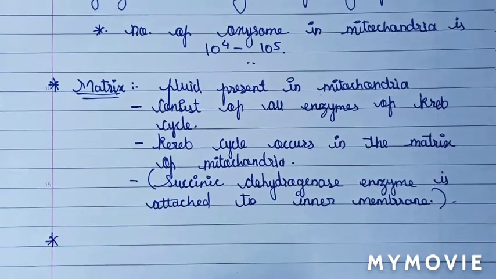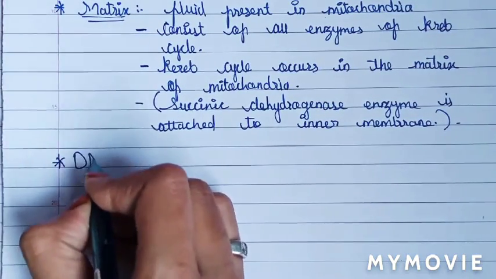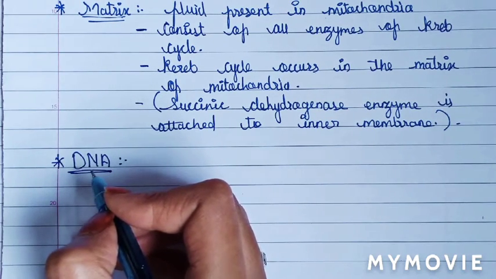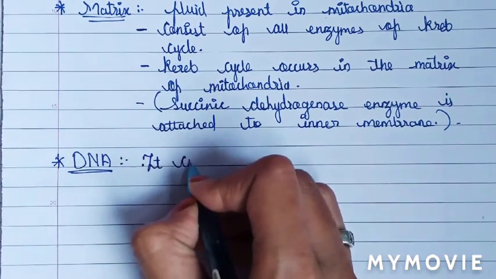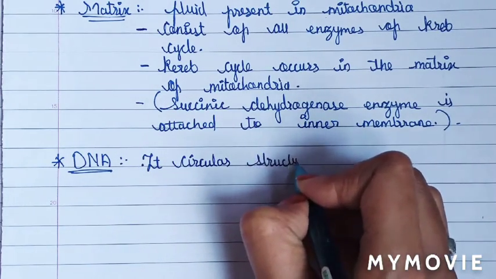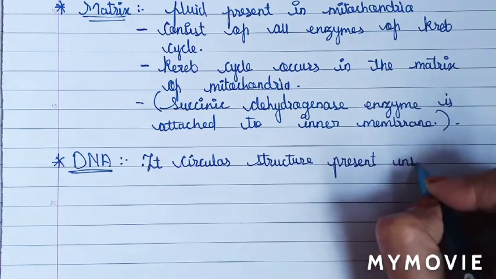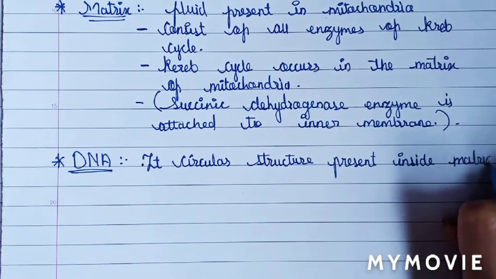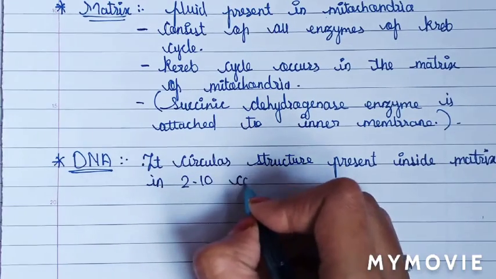DNA is a circular structure present inside the matrix in 2 to 10 copies.